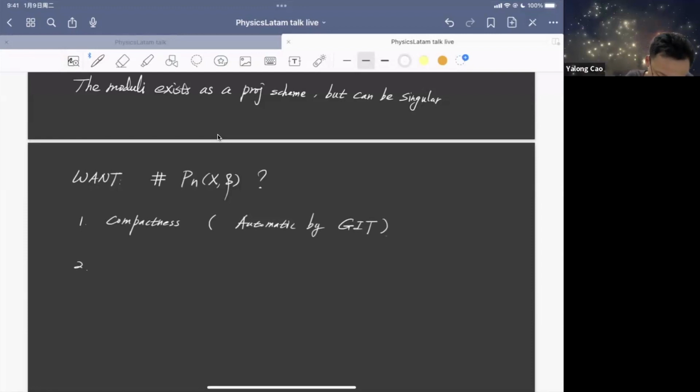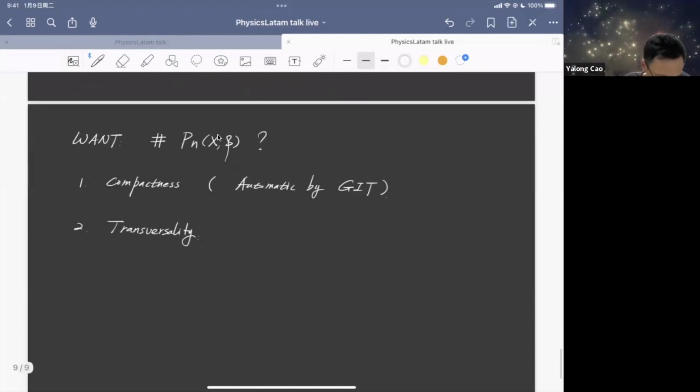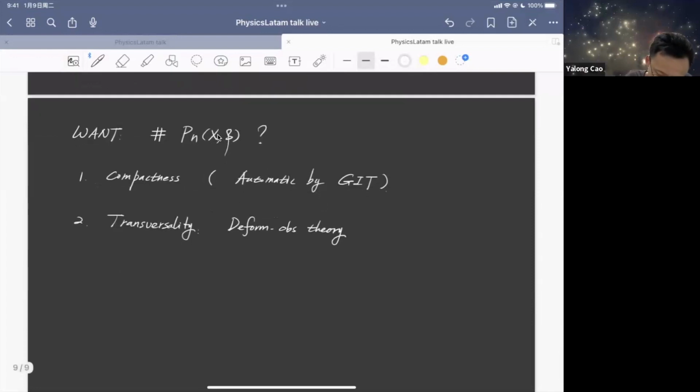And the second, I talk about this transversality first. So as before, we need to talk about this deformation obstruction theory. In this case, we have a tangent space of the moduli space, which is this Ext group, which is the traceless part.